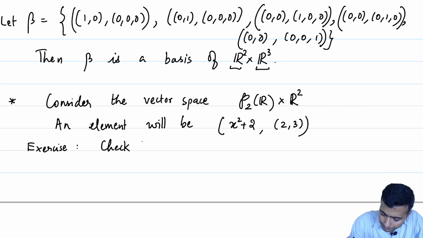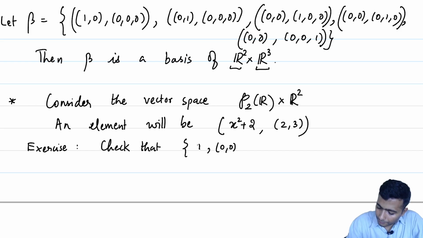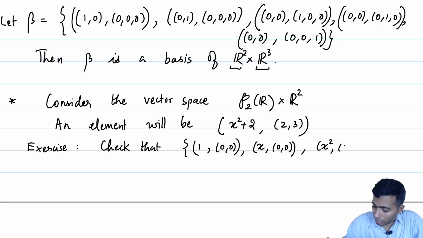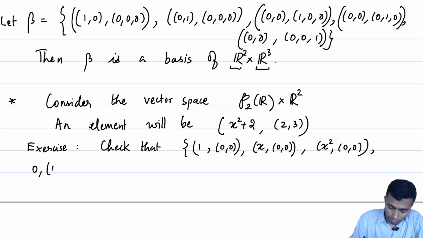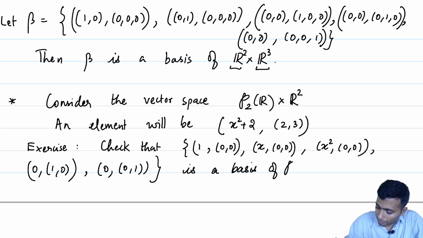Check that (1, (0, 0)), (x, (0, 0)), (x square, (0, 0)), (0, (1, 0)) and (0, (0, 1)) is a basis of P2 of R cross R2.